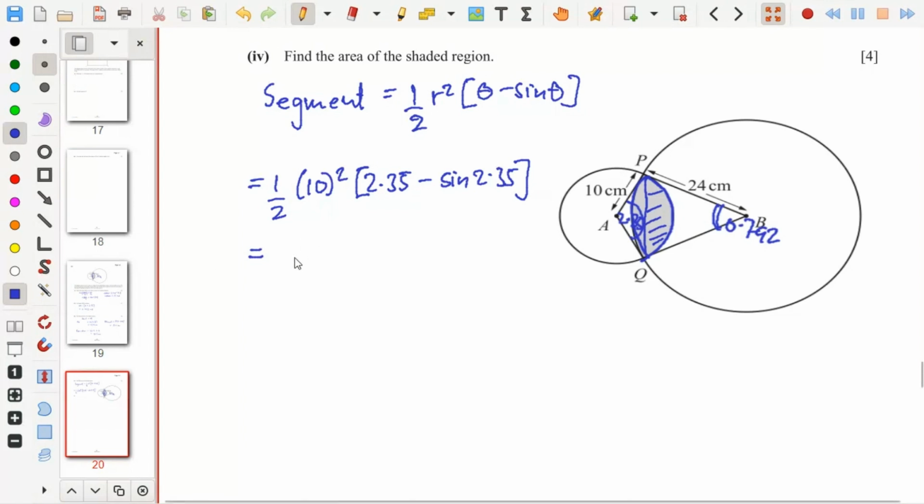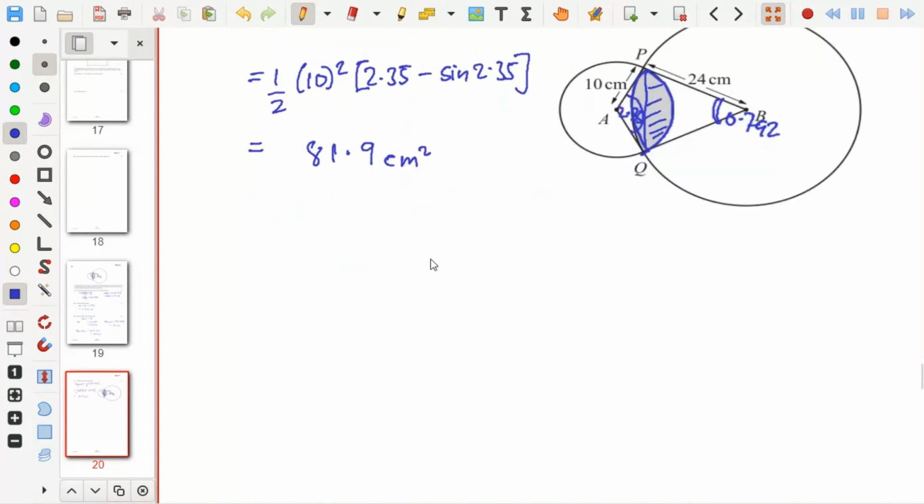So if you calculate this, you're going to get, I'm getting 81.9. That's if I correct to three significant figures. Okay, let's go to the other one.